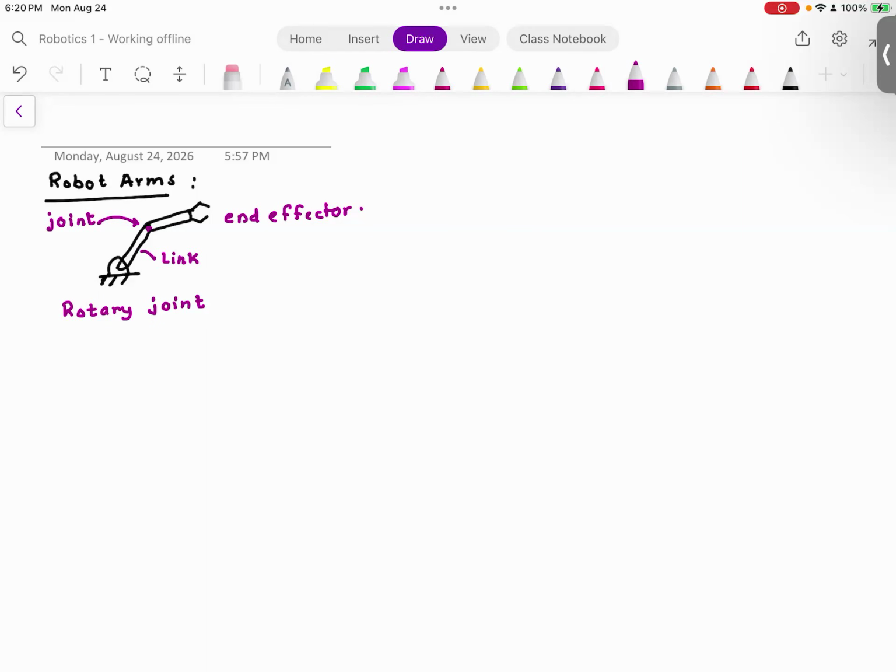Rotary joint, think about it, it's like a hinge. It is called R. And you can have a prismatic joint. It is like a cylinder.